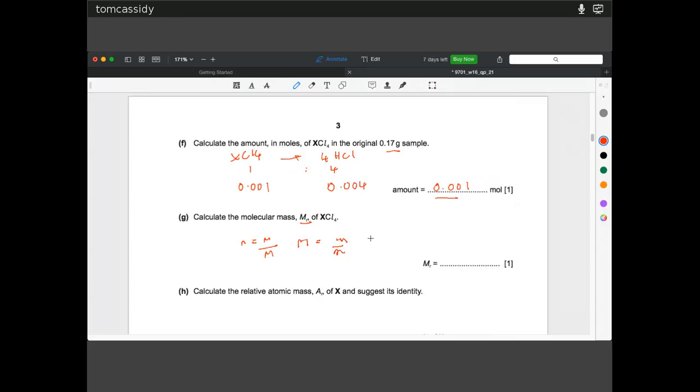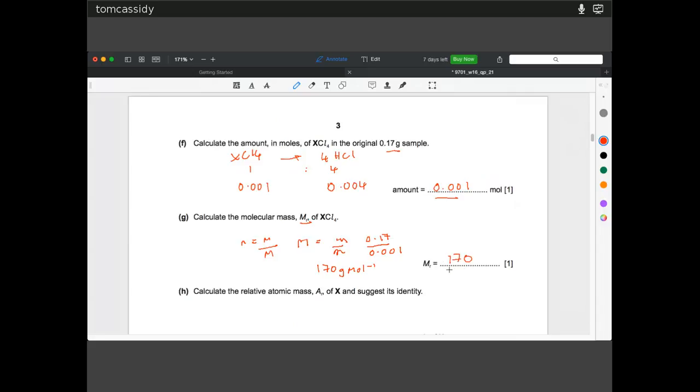The mass we had was 0.17 grams, and the amount was 0.001 moles. Divide those, and we get a molar mass of 170 grams per mole. And to convert between a molar mass in grams per mole and the relative molecular mass, which is a unitless number, we just have the same numerical value.